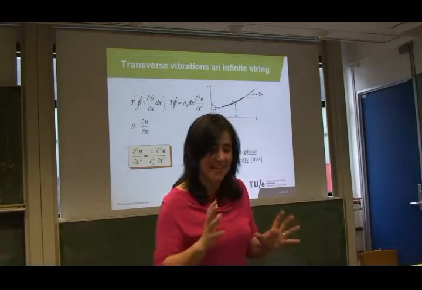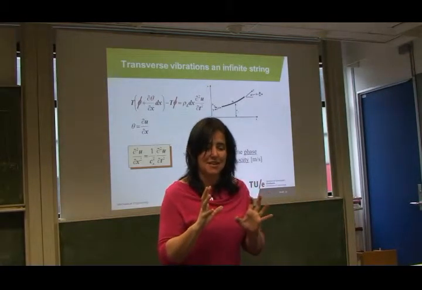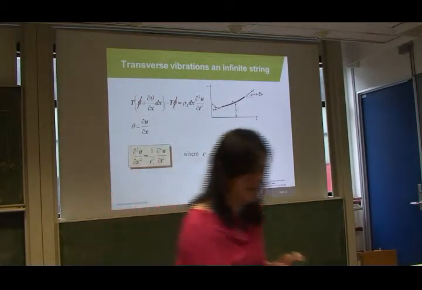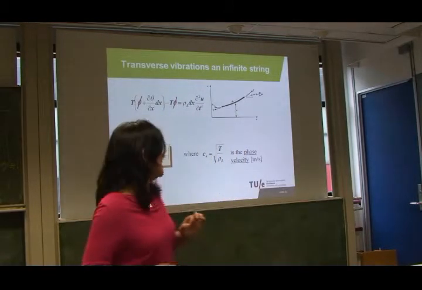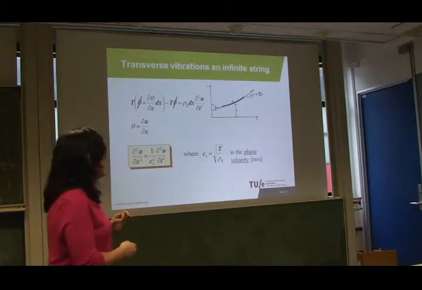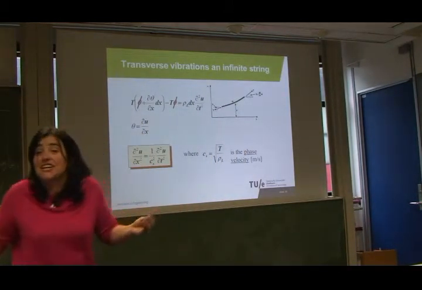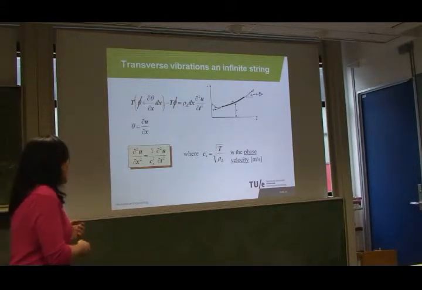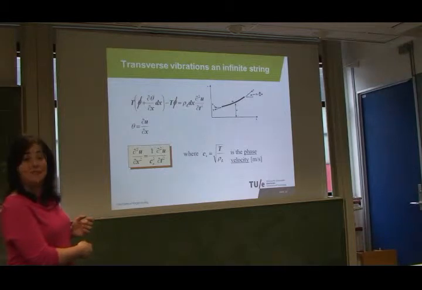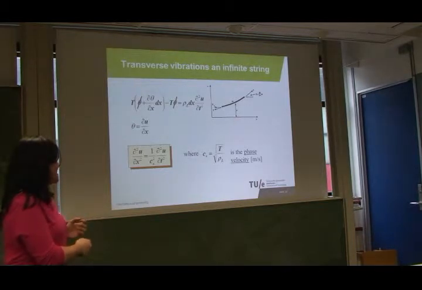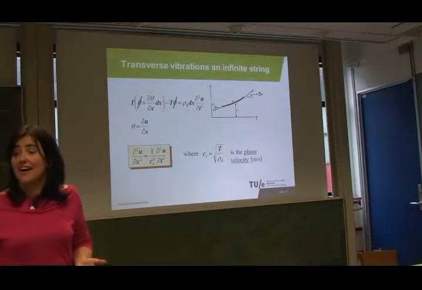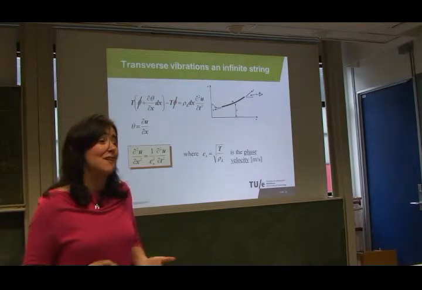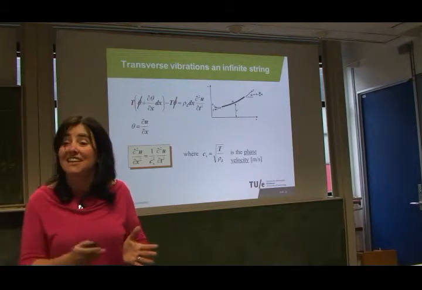So this slide, I'm showing you this to notice one particular thing. Starting from the basics, which is a string and bending waves in a string, we see that the wave equation, because it is a wave equation, in the case of the string looks very much alike the wave equation for sound waves in air.